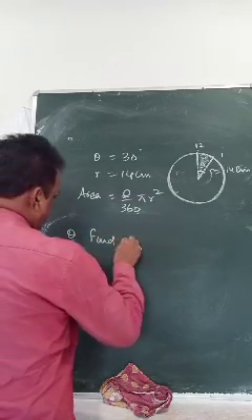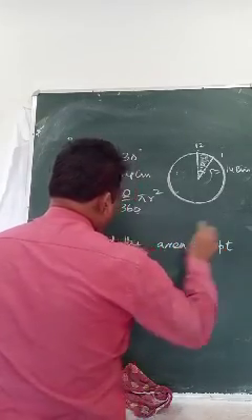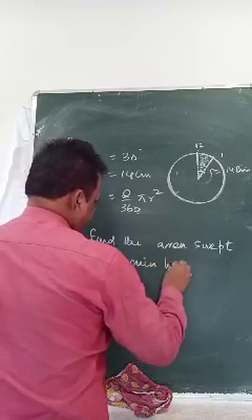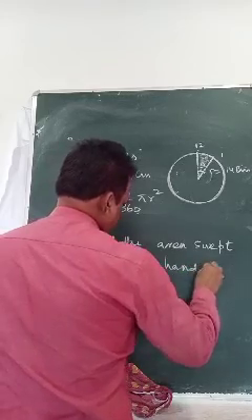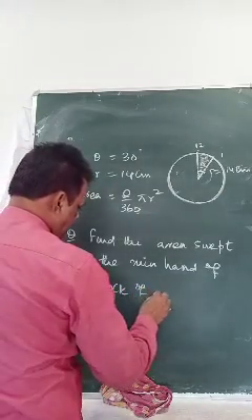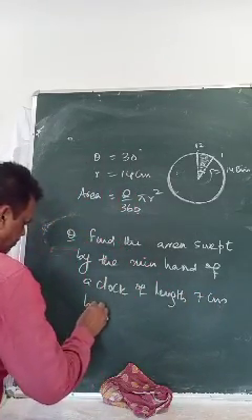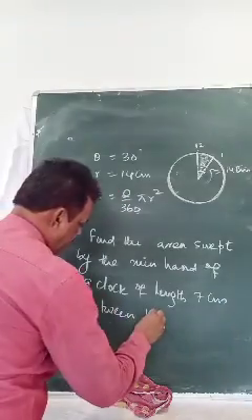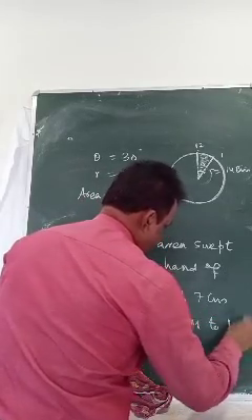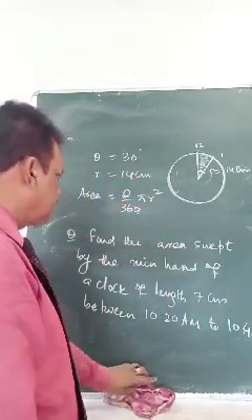Find the area swept by the minute hand of a clock of length 7 centimeter between 10:20 am to 10:45 am. I'll give it to you, try to solve.